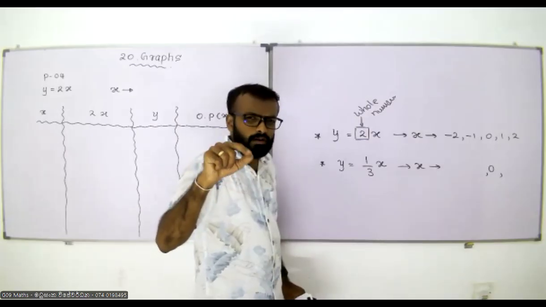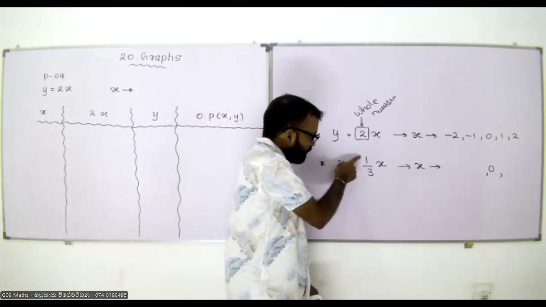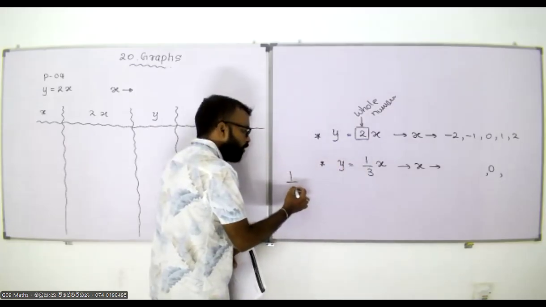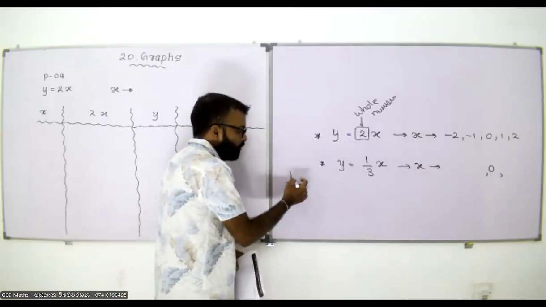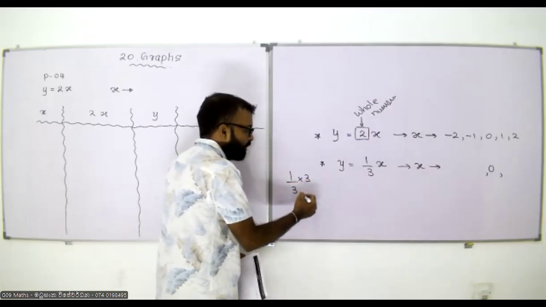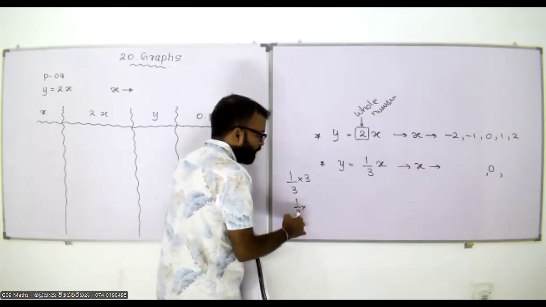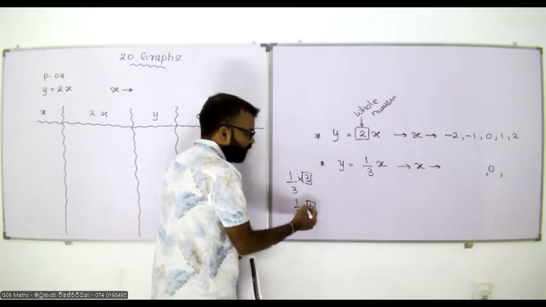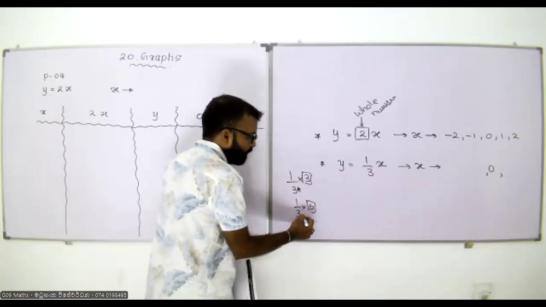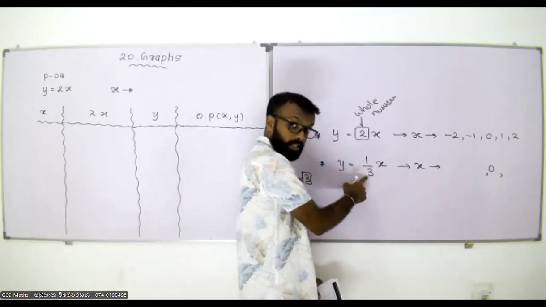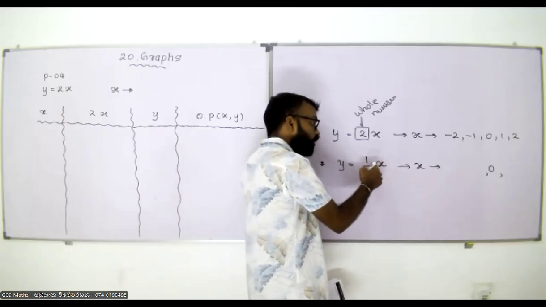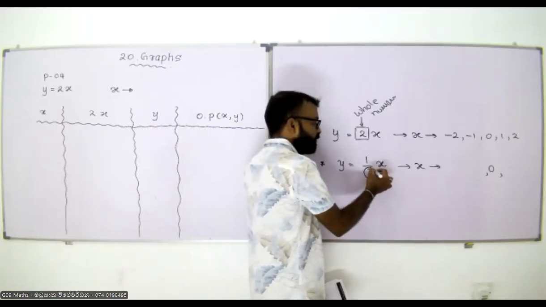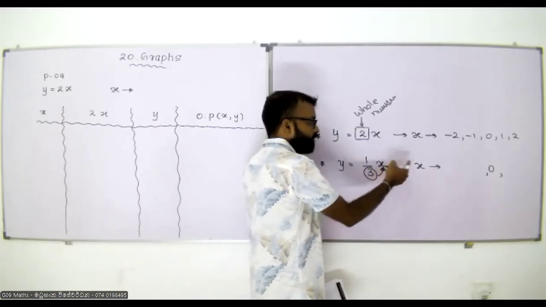If you want to obtain a whole number, you multiply by 3, or by 6. 3 and 6 are multiples of 3, because in the denominator you have 3. So you decide the x value range by using multiples of 3.